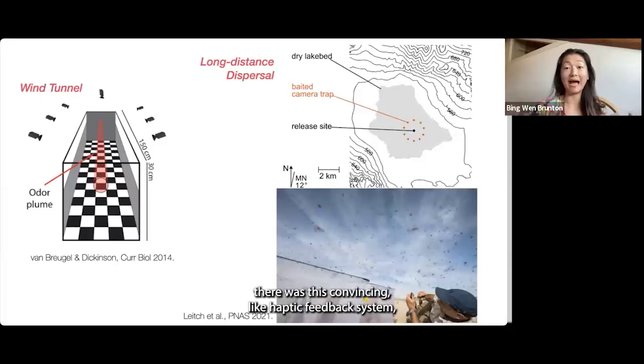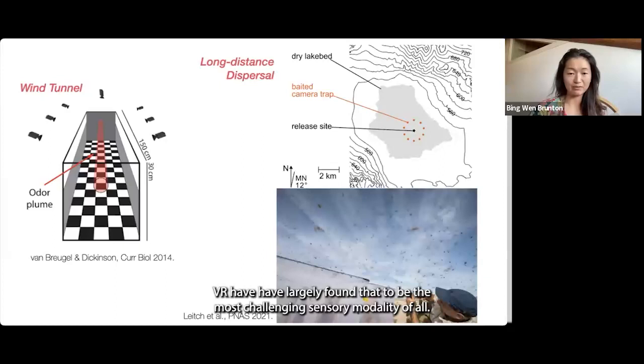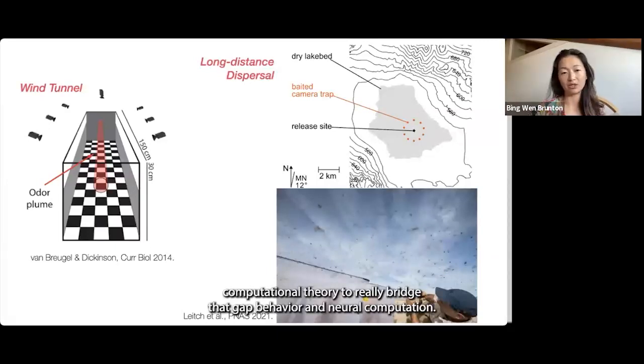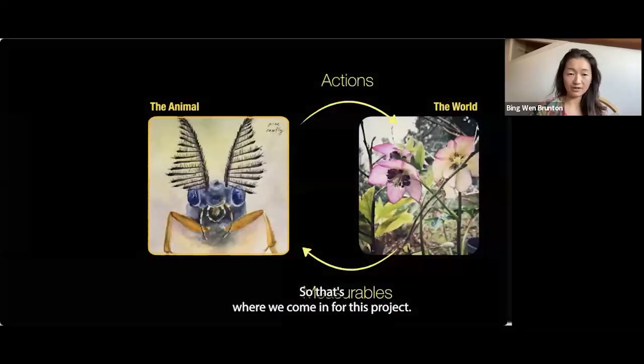There was this convincing haptic feedback system, but we don't really have that right now. That's not current technology. And all of my friends who have tried to do olfactory VR have largely found that to be the most challenging sensory modality of all. And so we're looking at a system where we really need some computational theory to bridge that gap between behavior and neural computation. So that's where we come in for this project.